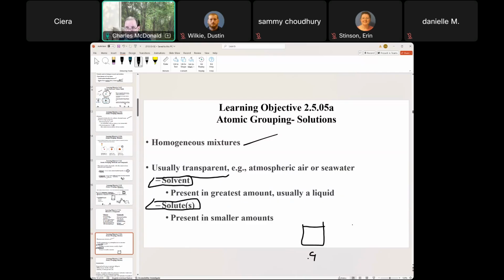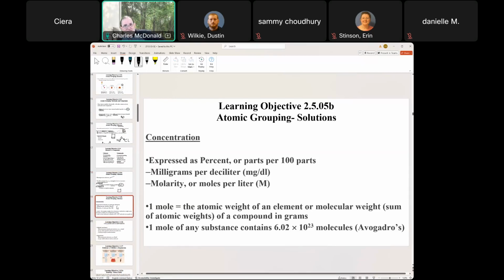But here's the thing, guys: if you were to take an eyedropper of water and dump it into a salt shaker, the water would be the solute. It's just whatever you've got the most of. Most of the time it is going to be a liquid for a solution, but it doesn't always have to be.